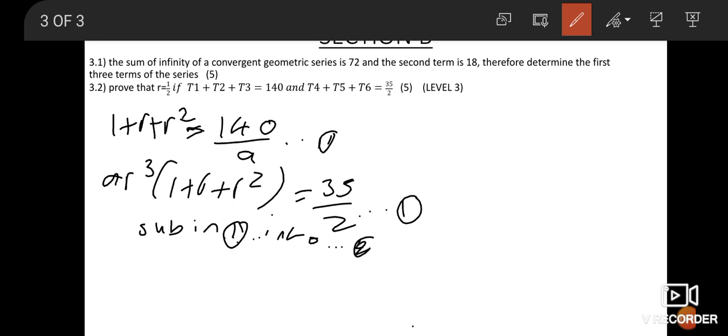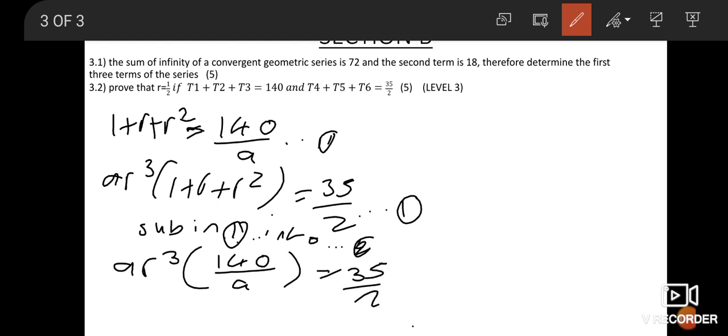So now this is a very crucial part. Now that you see that these two are the same, you simply substitute that in. So you just say 140 over a, now close that bracket and say it's 35 over 2. Now we times that, so it becomes 140 ar cubed over a equals 35 over 2.